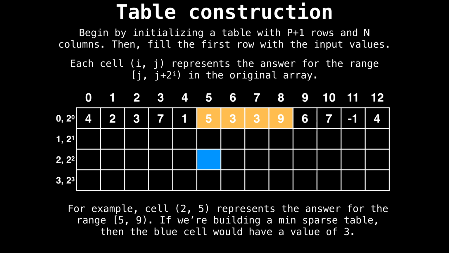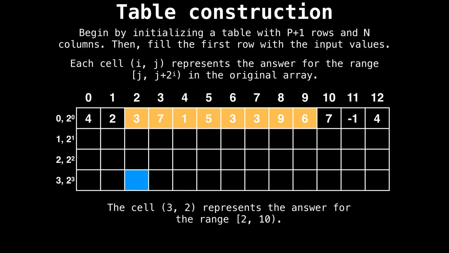If we are building a sparse table to calculate minimum range queries, then the blue cell would have a value of 3. However, if we're building a sparse table to do range sum queries, then the blue cell would have a value of 20. So the value in the blue cell will vary depending on what you're trying to accomplish with the sparse table.